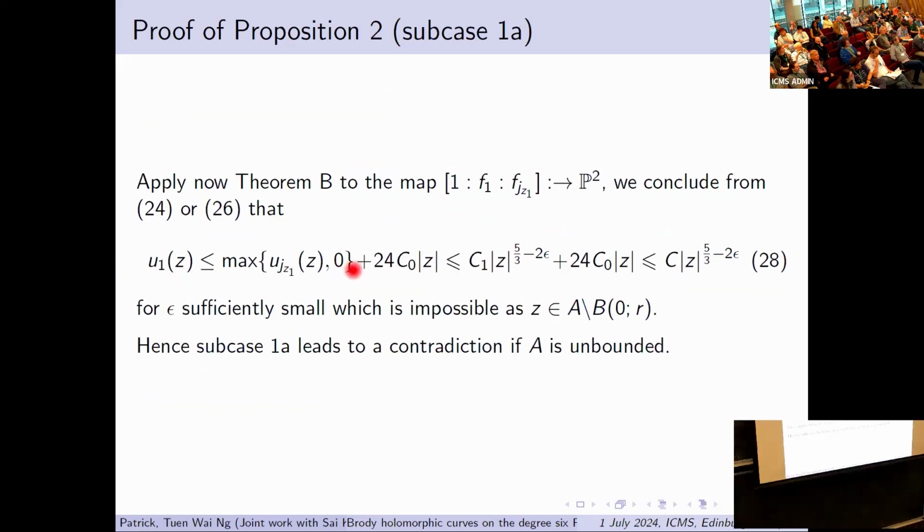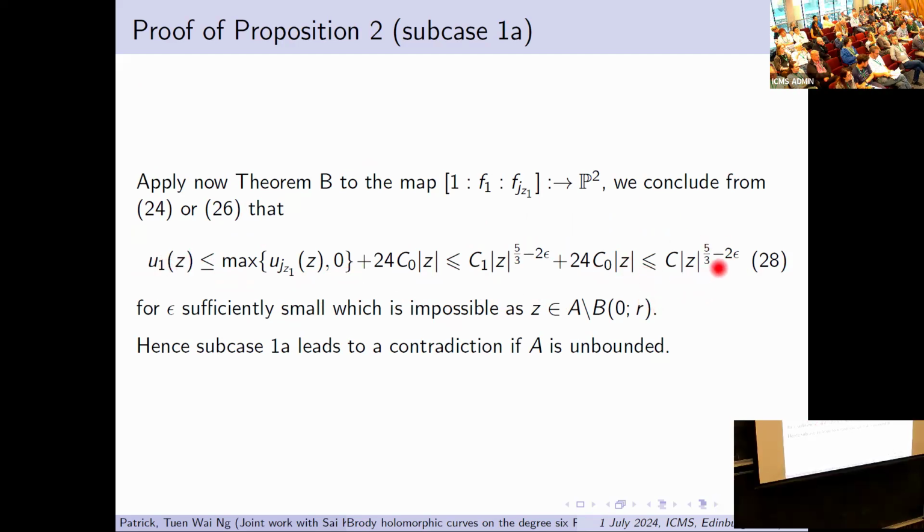And therefore, again, we apply Eremenko-Mankel's result to this map. You have another set of inequalities, but this time, for this maximum here, you get this estimate here, and this is the dominant term for r sufficiently big. So you have u1 less than or equal to this thing.